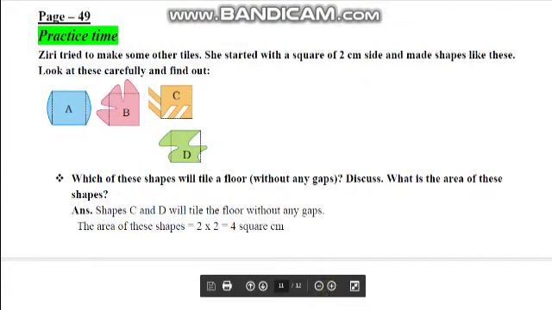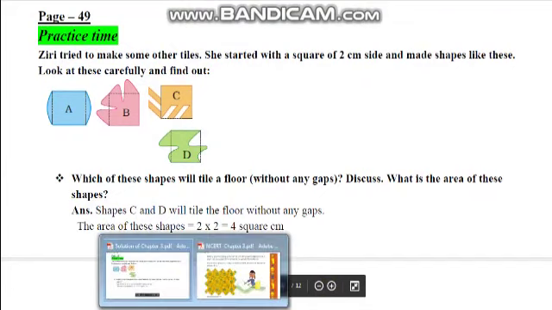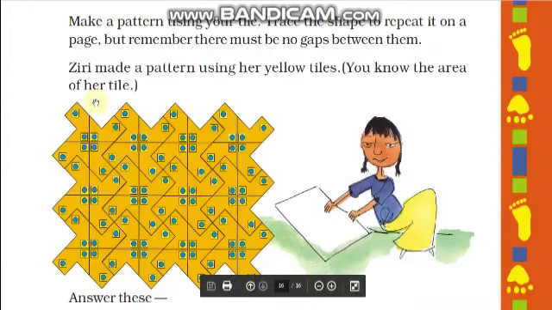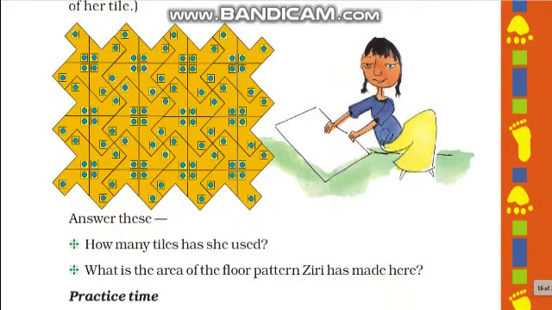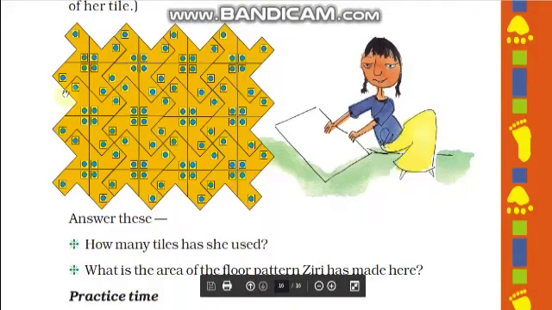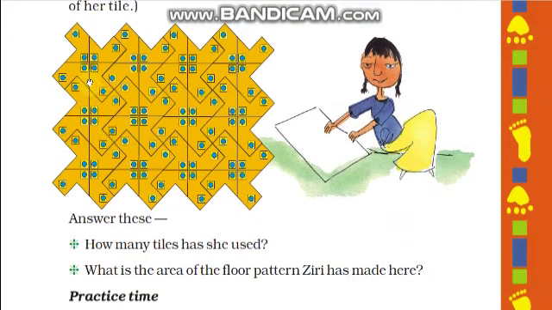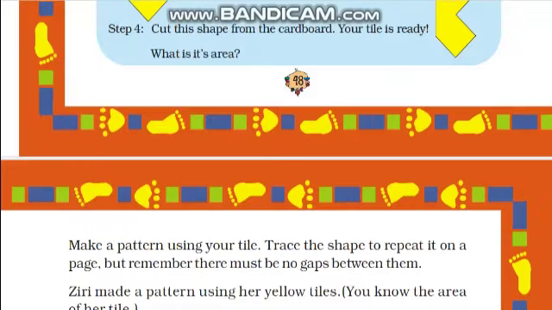Okay, so now Ziri has made a pattern using her yellow tiles, and we want to know the area of her tile. It is known to us how many tiles she has used; we have to count them. How many tiles are here, and what is the area of the floor pattern?